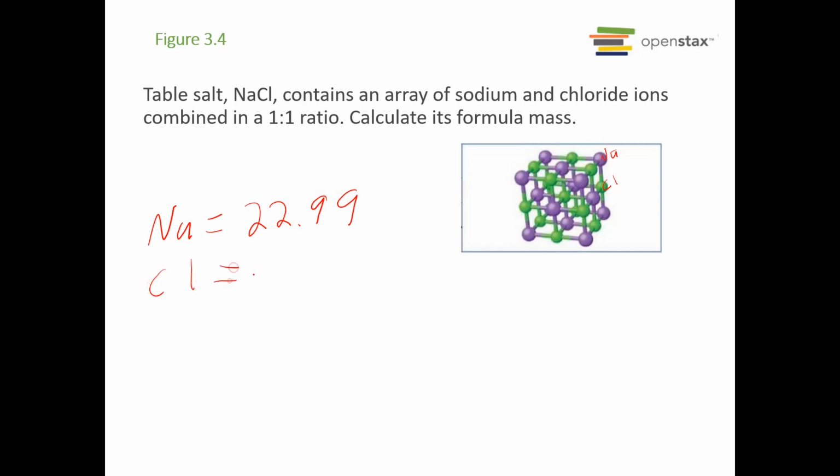And chlorine has an average atomic mass of 35.45 AMU. And there's only one of these, so if you add them together, 22.99 AMU plus 35.45 AMU, you come up with 58.44 AMU.